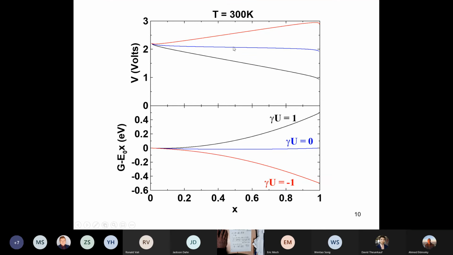I've set the value of E naught to be something like 2.2 volts or so. And this blue curve shows you what the voltage versus composition curve would look like if there were no interactions at all.